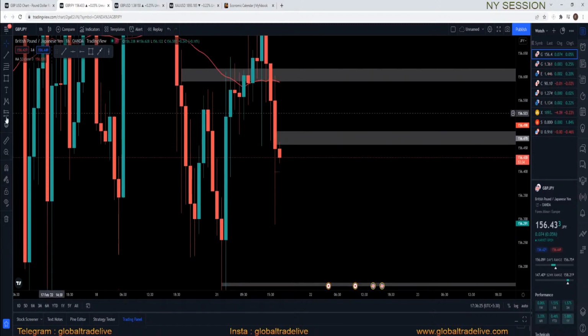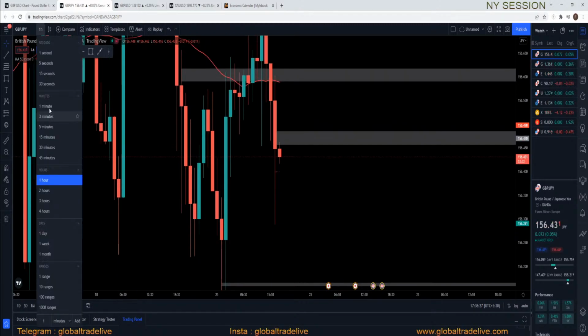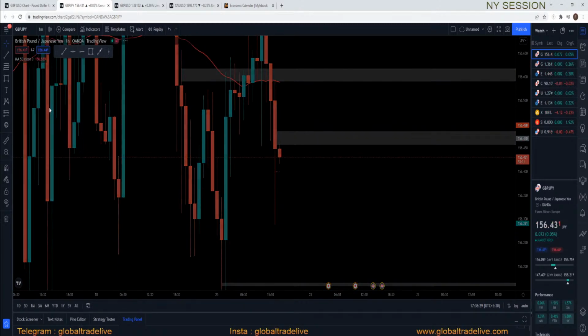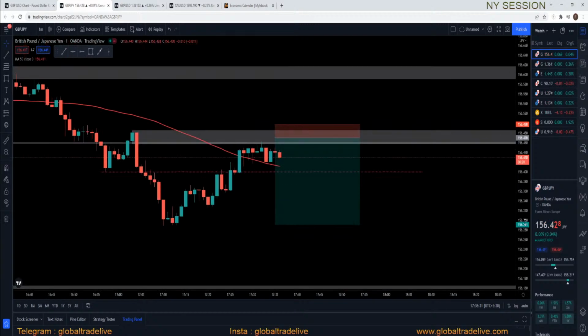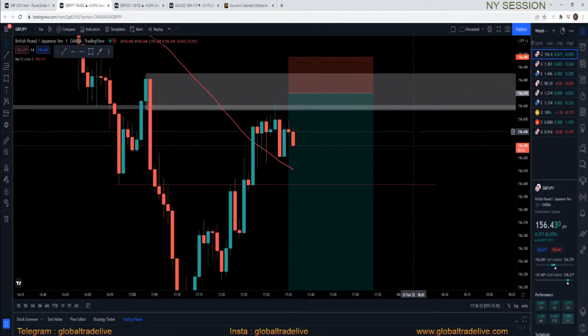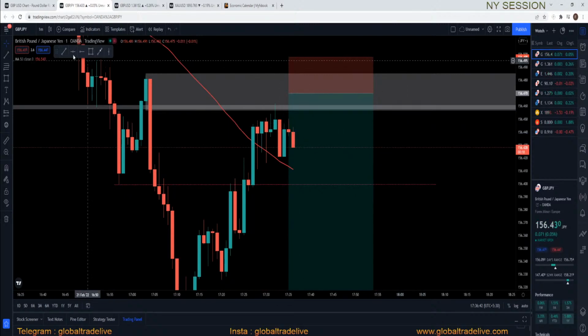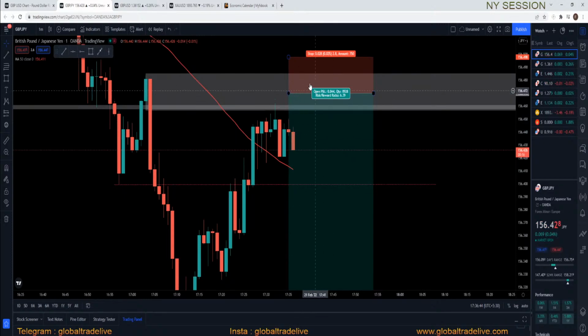Oh, look here. The 1 hour candle will try to push down, I think, from here. So if it doesn't go up, then it will go down, right?